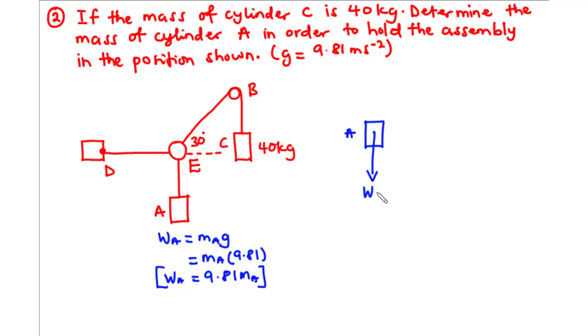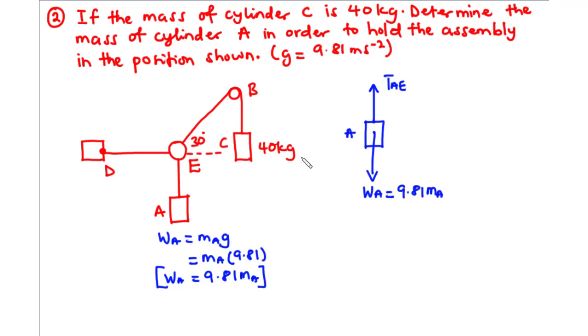So that is WA equals 9.81 times MA. And this weight is going to exert an upward tensional force in the cable EA. So that is TEA. Notice that they have the same magnitude. However, they act in opposite directions.